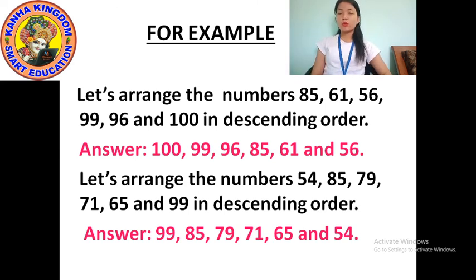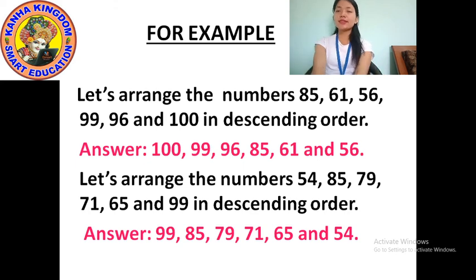From the numbers 85, 61, 56, 99, 96 and 100, we find that the biggest number is 100, and after 100 the second biggest one is 99, and after 99 the third biggest one is 96, after 96 the fourth biggest one is 85, after 85 the fifth biggest one is 61, and the last one is 56. 56 is smaller than 61. Now let's see another example of descending order.